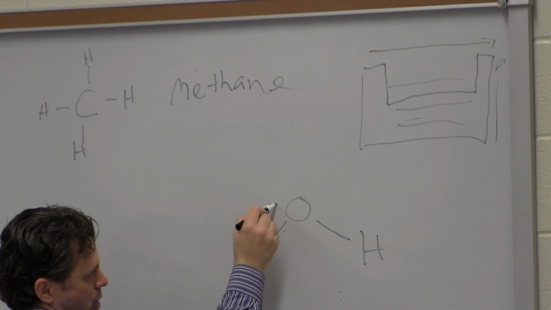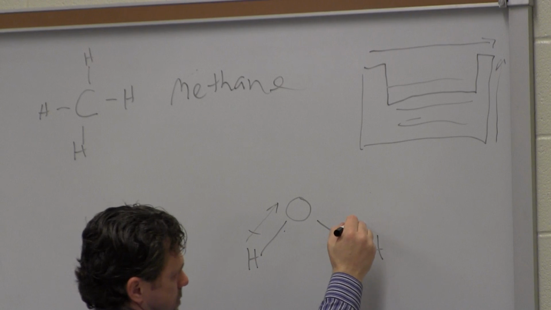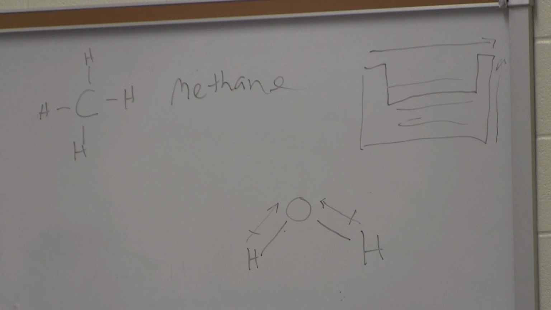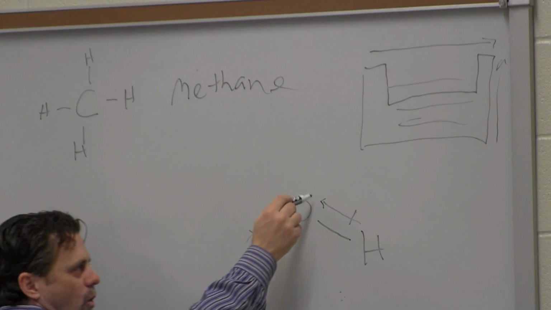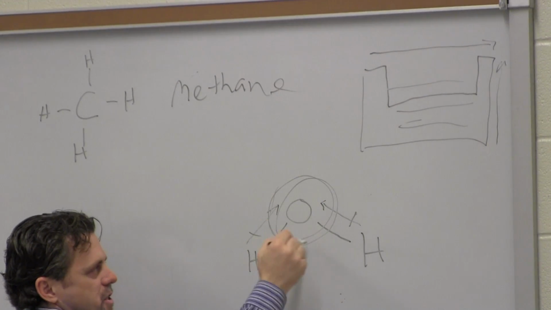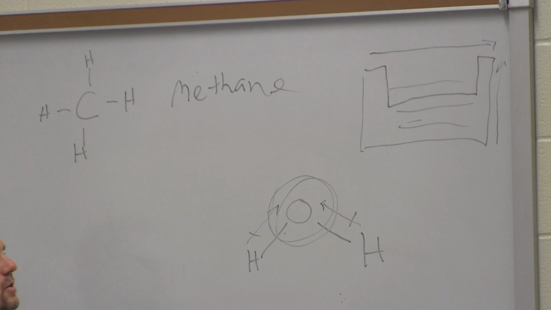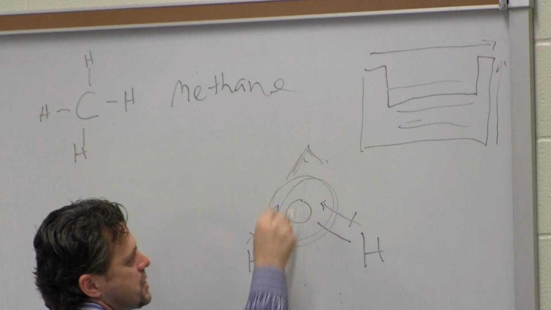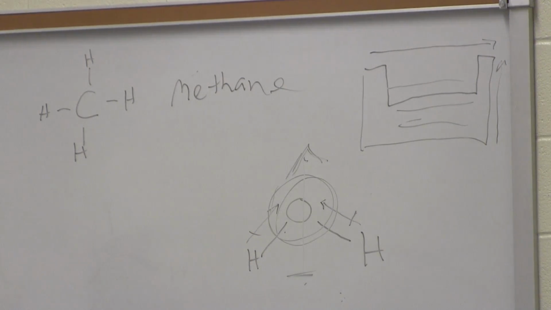So if you're going to draw dipole moments along these bonds, you've got shared electrons in a covalent bond, but they're unequally shared because one atom likes electrons more than the other. So you've got more electron concentration around the oxygen than you do around each hydrogen. So you got a net polarity of the molecule in this direction, right? That's what we mean when we say polarity.